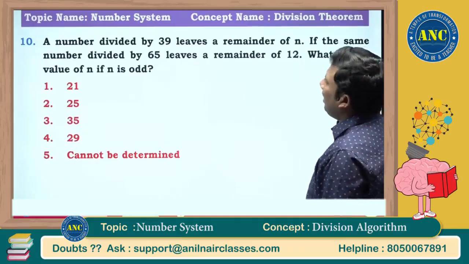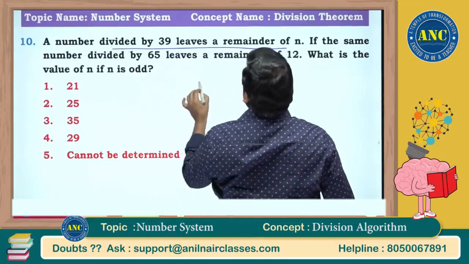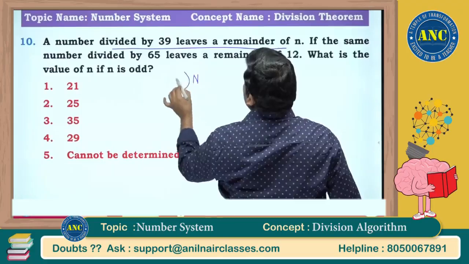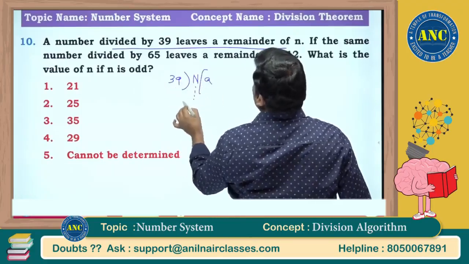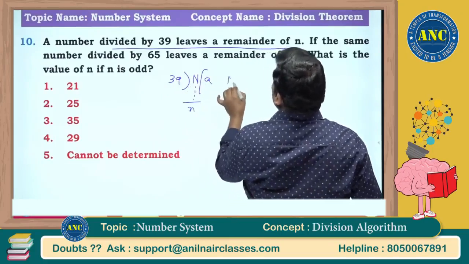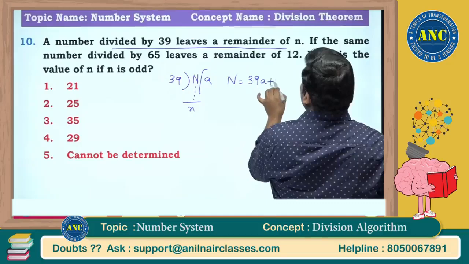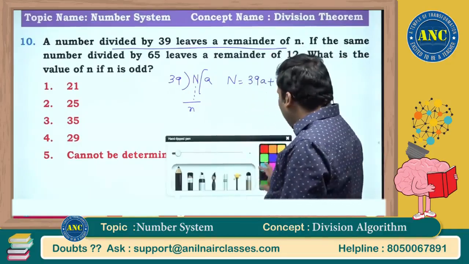Next one. A number divided by 39 leaves a remainder n. So capital N is 39a plus small n. Dividend equals divisor into quotient plus remainder.